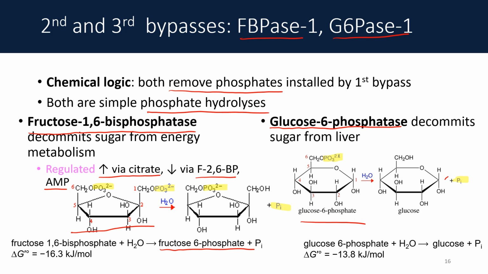And again, you may notice that both of these reactions have large negative delta Gs, negative 16.3 and negative 13.8 kilojoules per mole, enforcing their roles as gatekeepers, regulatory steps for the gluconeogenesis pathway.